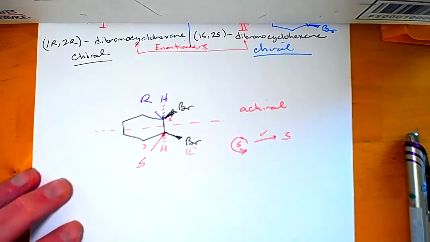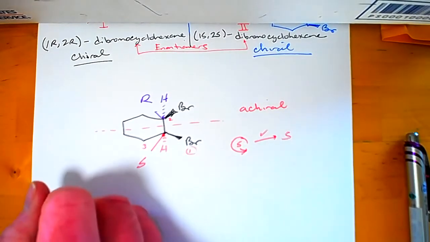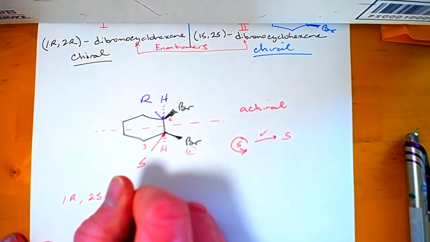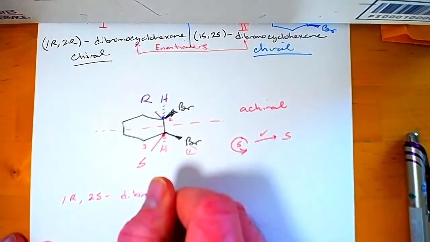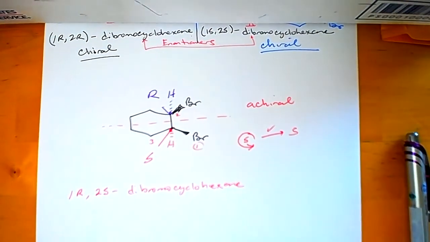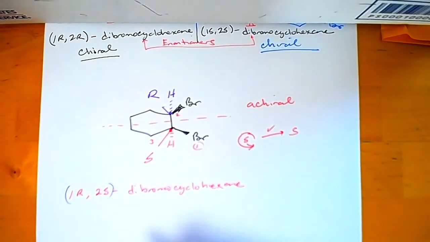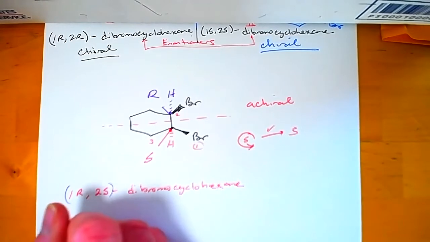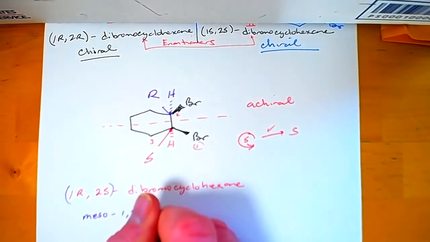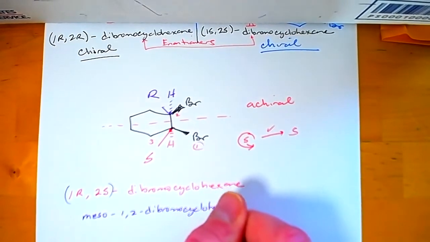So you could go and name this compound, and you could say, okay, this is 1R,2S-dibromocyclohexane. But there is another name that is more common, and the name that you'll often see in place of this is meso-1,2-dibromocyclohexane.